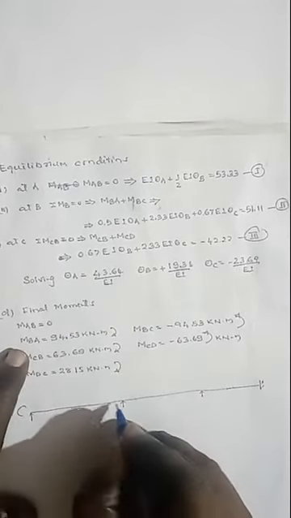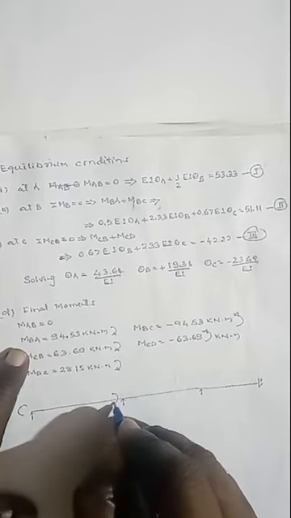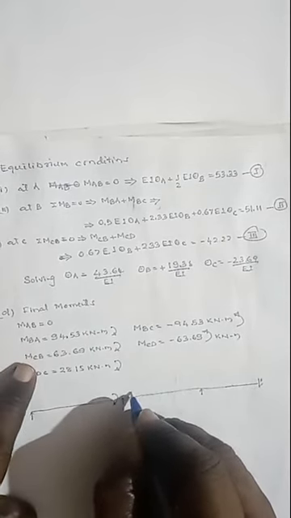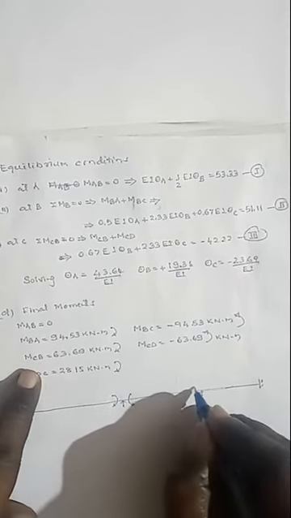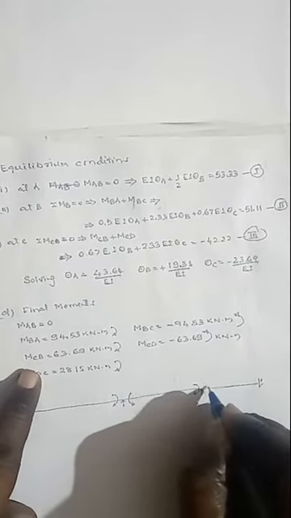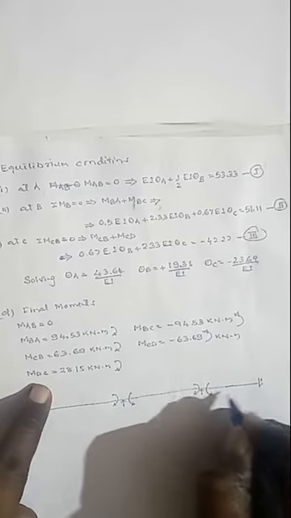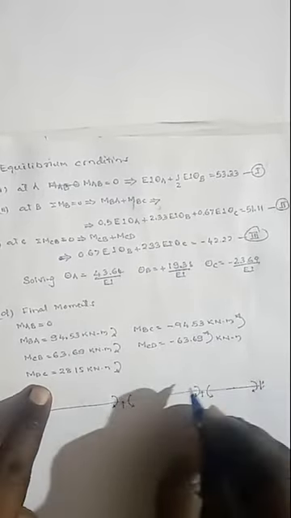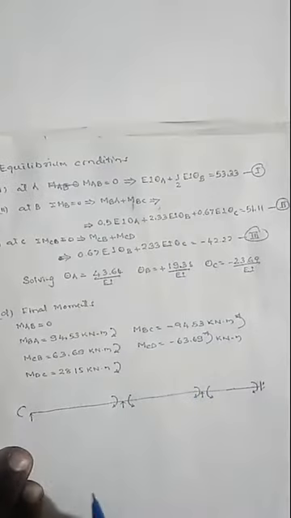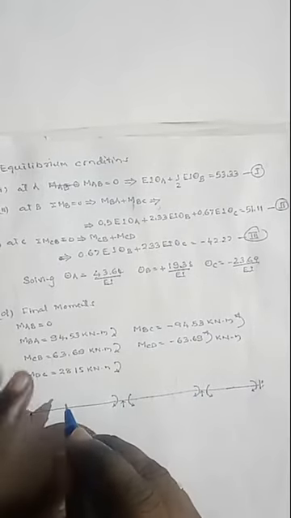Here these moments are, this one is 0, this one MBA, that is clockwise, this one is MBC, that is anti-clockwise, here MCB, that is clockwise, MCD, that is anti-clockwise, MDC, that is clockwise. Then this one is to draw the bending moment diagram.